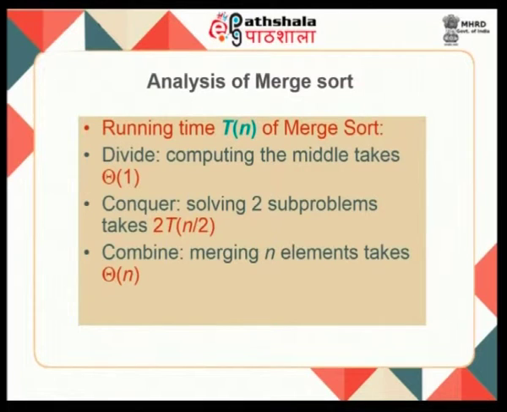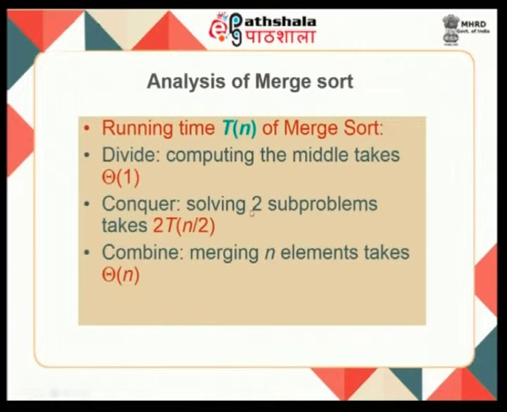So, you can see this is the analysis of the merge sort. So, in merge sort you can see very well, computing the middle, that is Q equal to floor of the lower bound plus upper bound by 2, takes constant time, and every subproblem has an instance of n by 2.